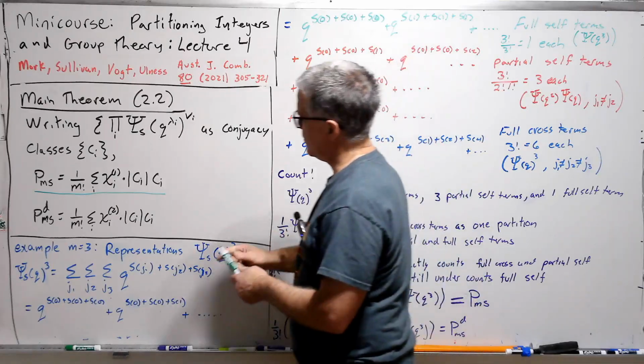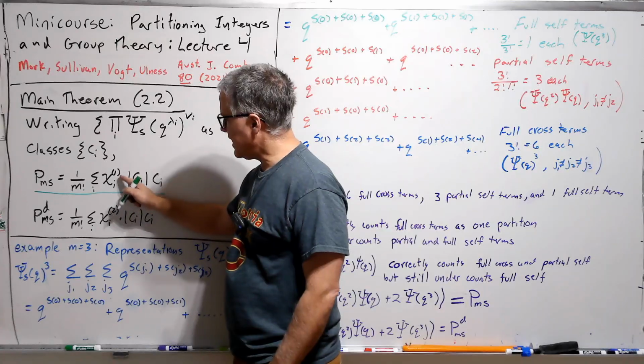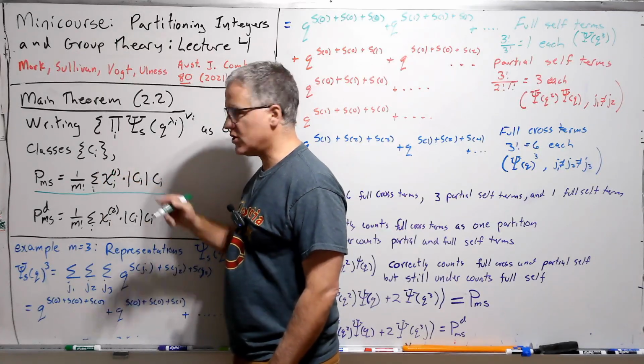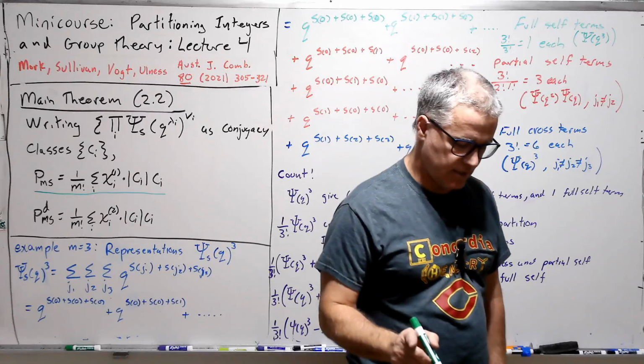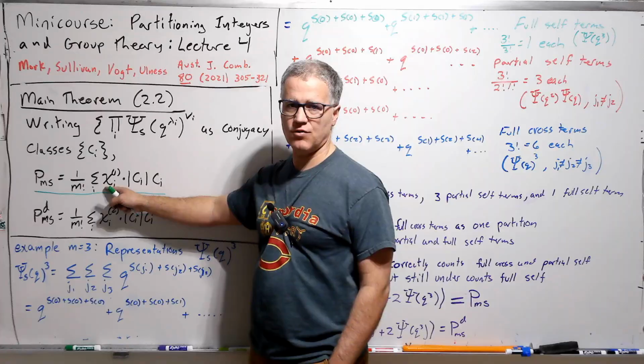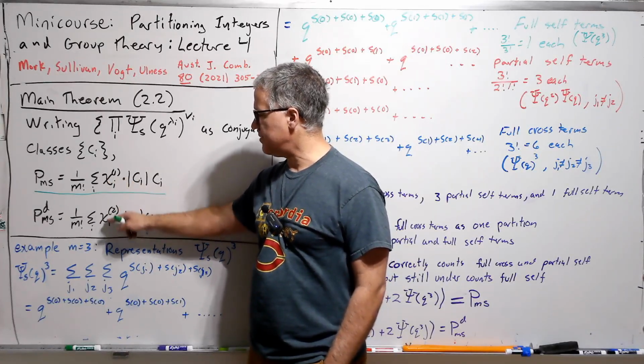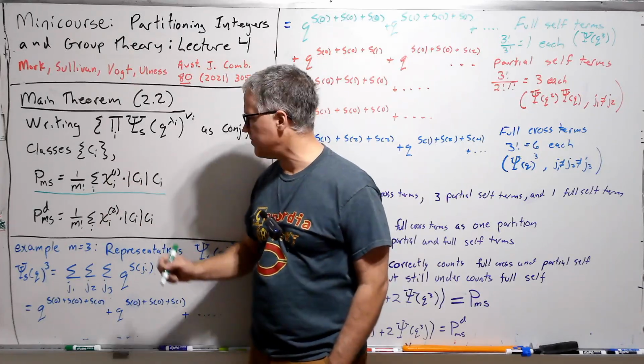And so we have to clean that up a little bit by taking the trivial irrep. This really wouldn't need to be here because this is always 1, but I think it's nice to have it here for some parallelism with the distinct partitions.